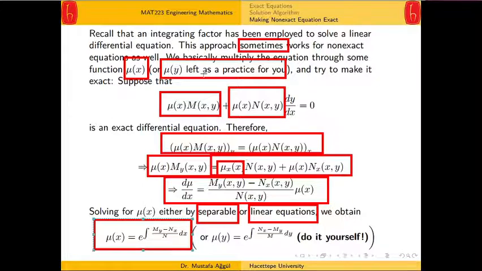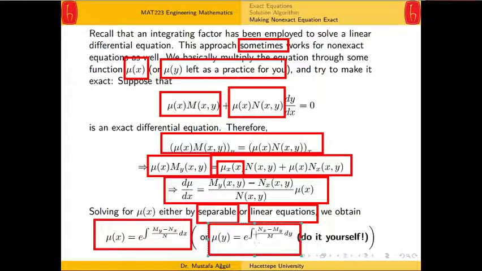This means if we take any differential equation like M(x,y) plus N(x,y) dy/dx equal to 0 and multiply it by this integrating factor mu of x, we will end up with an exact differential equation. This is also your part, and you need to follow the same pattern, and while doing so you'll understand the process better.